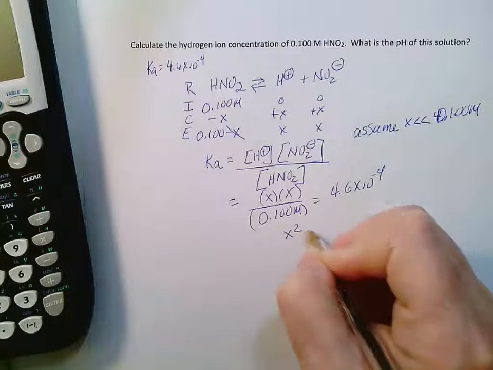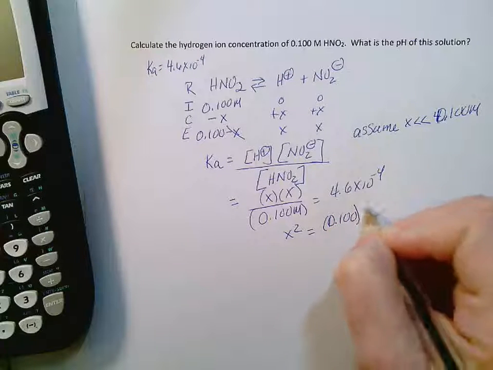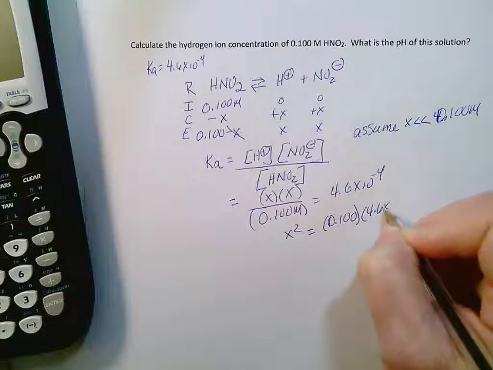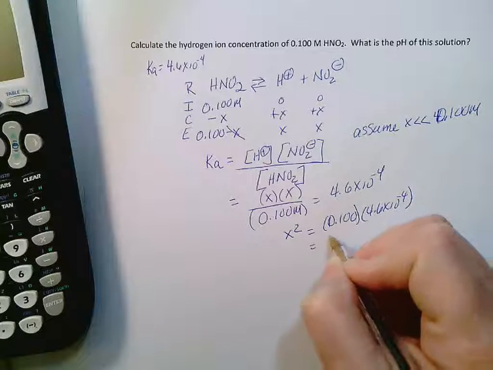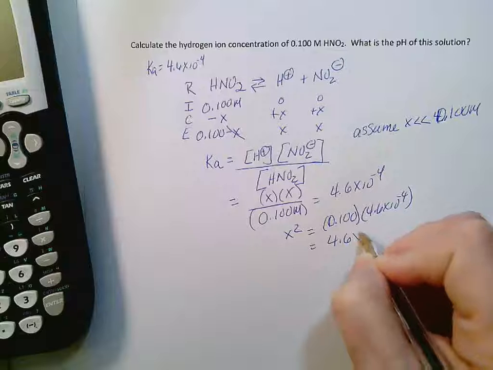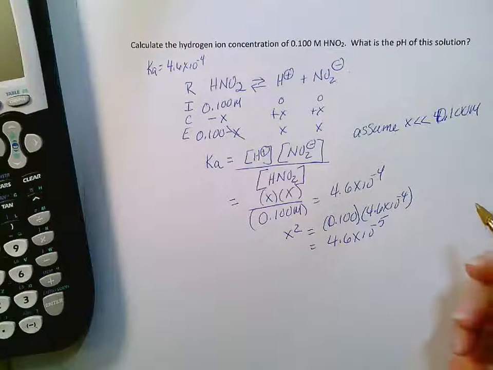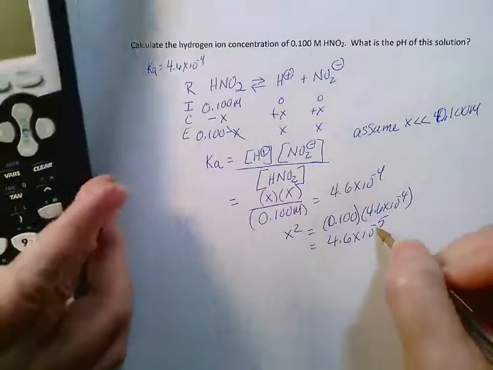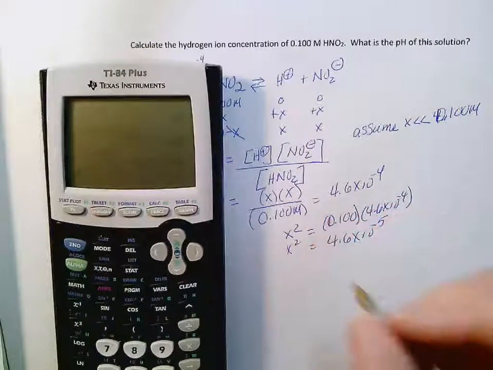So X squared is going to equal 0.100 times 4.6 times 10 to the negative fourth, which would then become 4.6 times 10 to the negative 5. So now I can take the square root of that number, because this is still X squared.